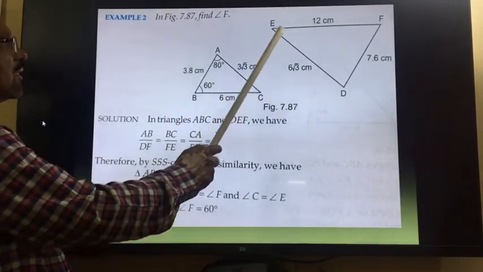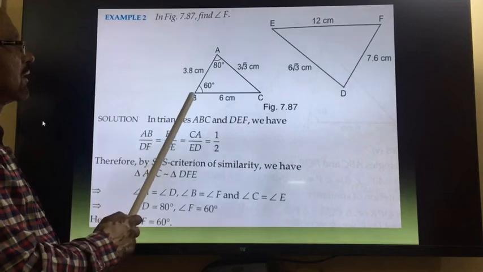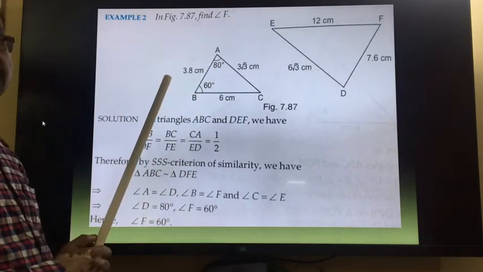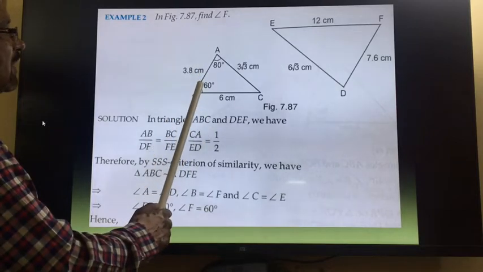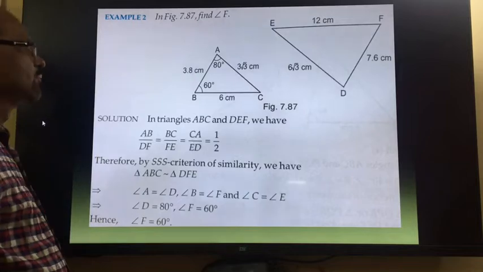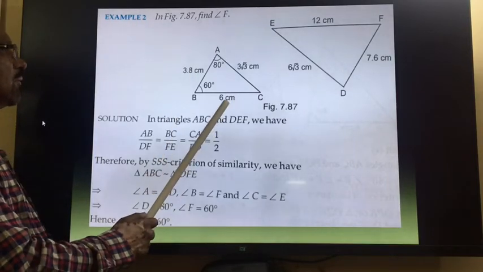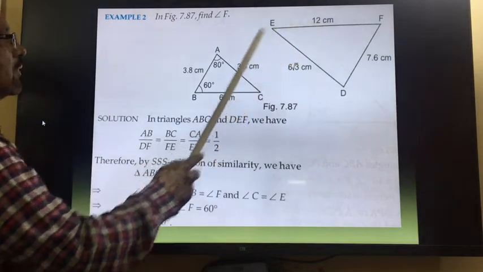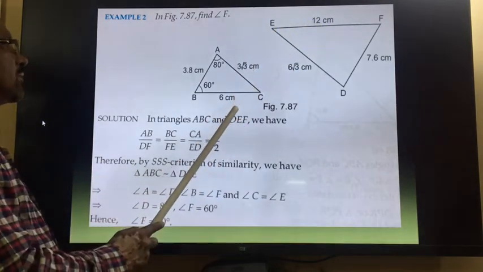For this, we will observe these two triangles. In one triangle only sides are given, and in triangle ABC, sides as well as angles are given. So we can compare the sides only, because sides of both triangles are known to us. Here side BC is 6 cm and EF is 12, so 12 is double of 6.